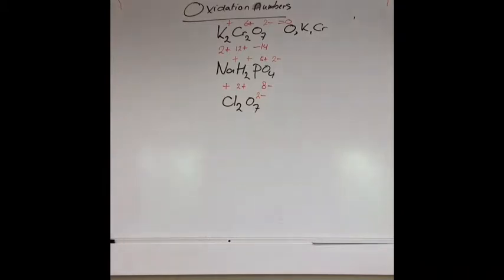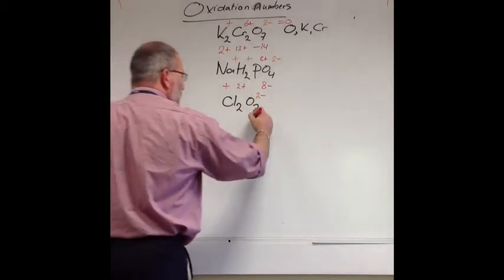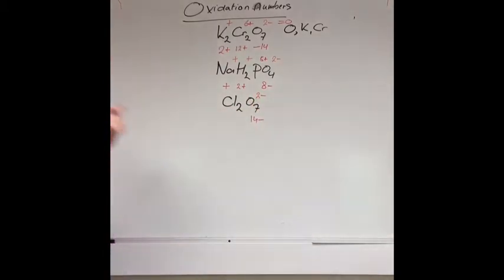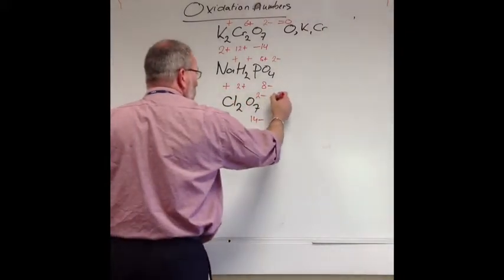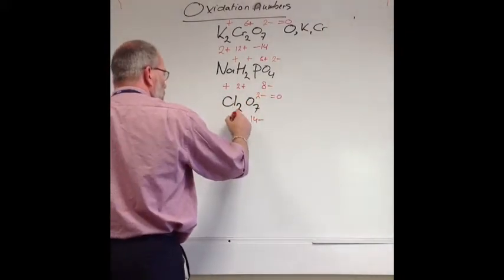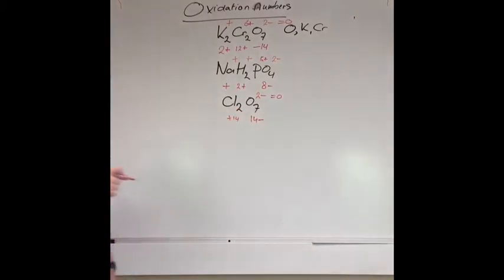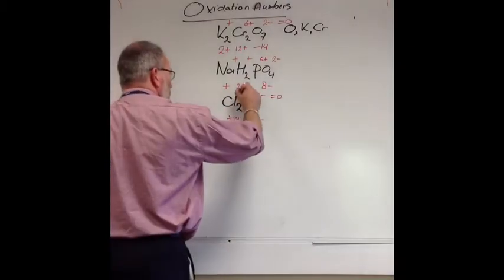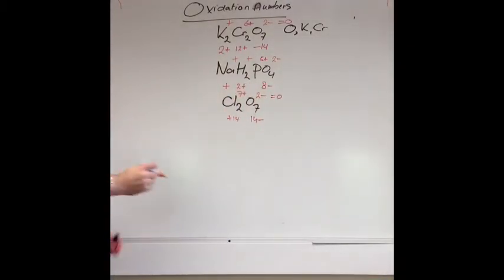Therefore, it will have a positive oxidation state. Well, 7 times 2 minus is 14 minus. Therefore, if the whole thing is neutral, the chlorines should be plus 14. I've got 2 chlorines, therefore each chlorine will be 7 plus. Because plus 14 and minus 14 overall will give you 0.